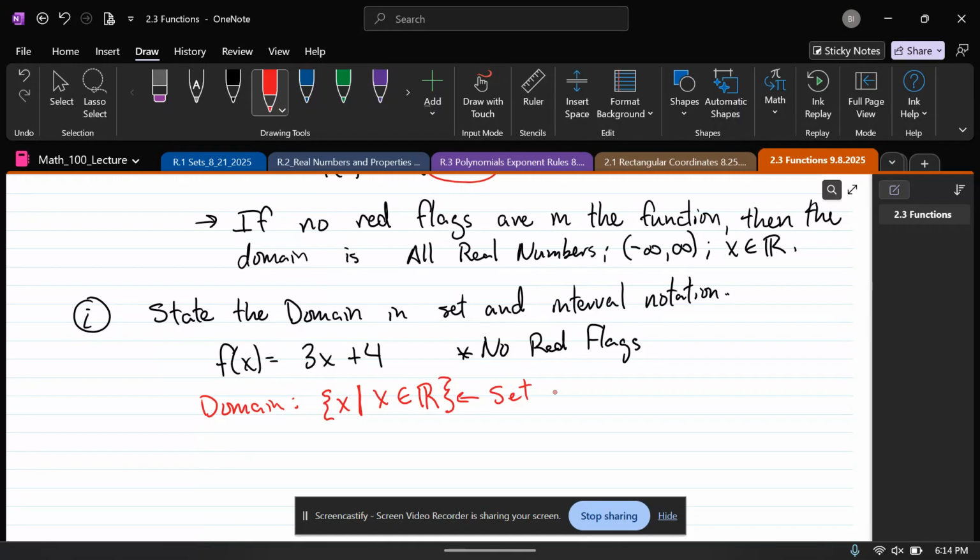It's set notation for the words all real numbers. That's what that means. x is an element of the reals is set notation for all real numbers. It's a little shorter to write than writing out all real numbers anyway. Interval notation: negative infinity to positive infinity. That's our interval notation.